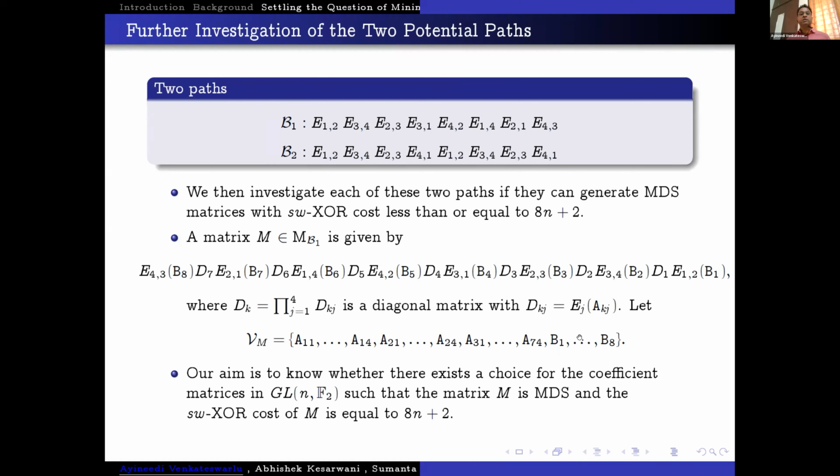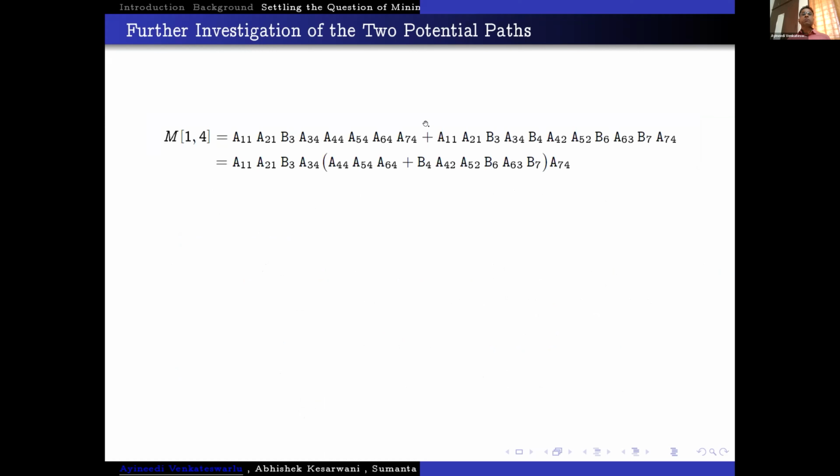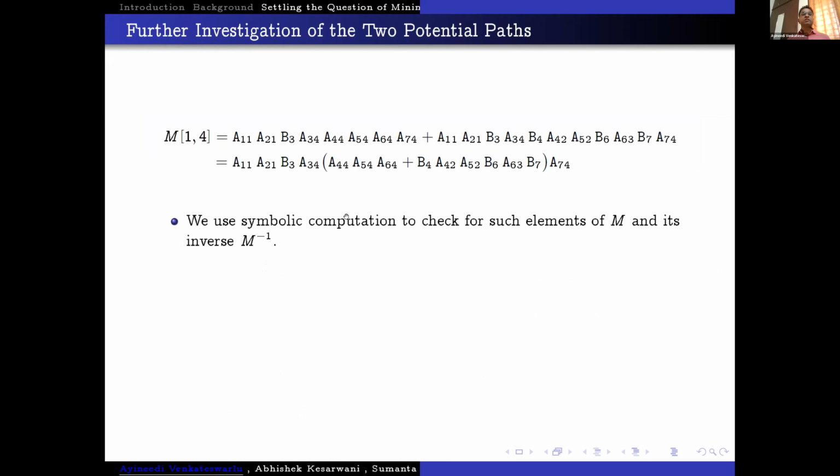There are 36 matrices and 24 permutations. If you want to exhaustively search, it's a huge task. What we do is we just look at the elements of this form, which are a sum of 2 monomials, and we look for all such elements in M and M inverse.